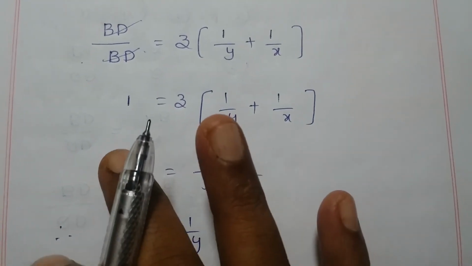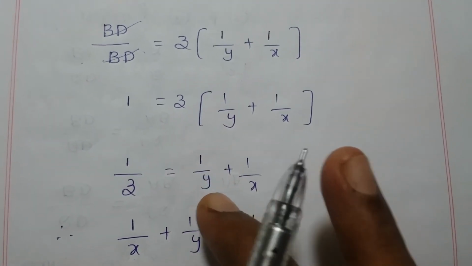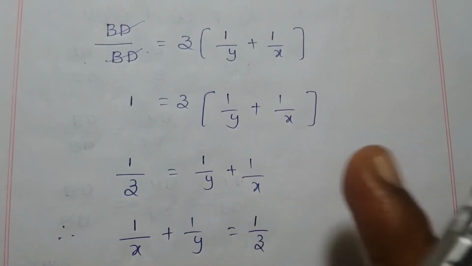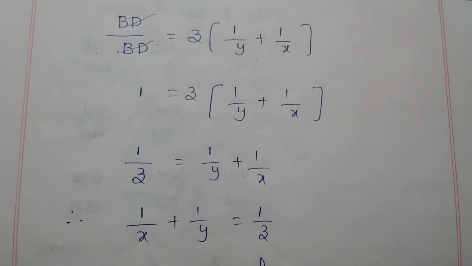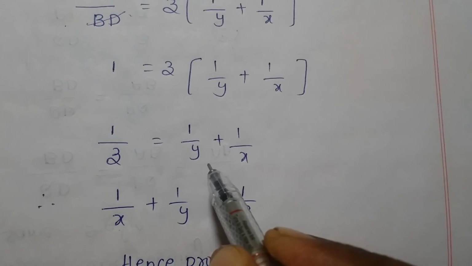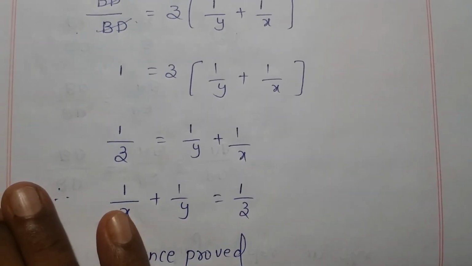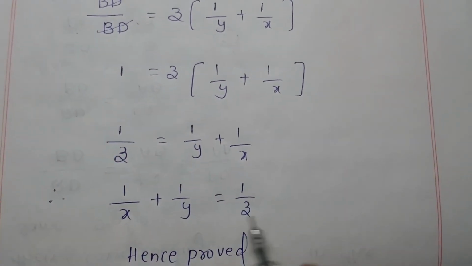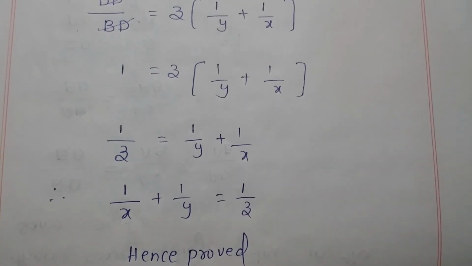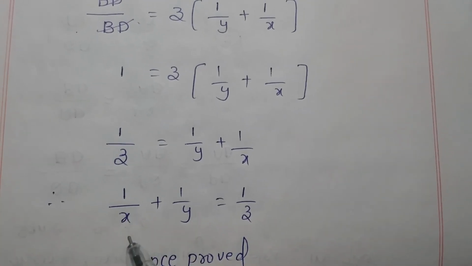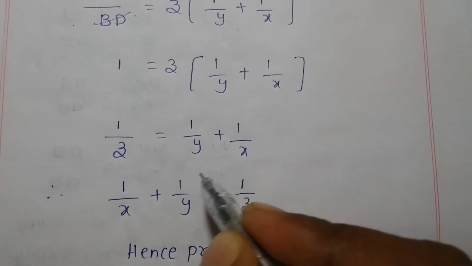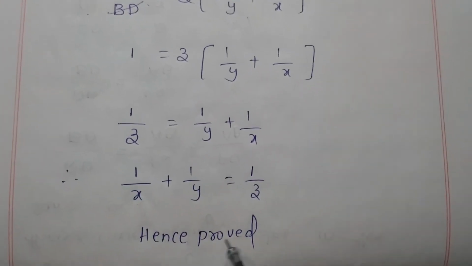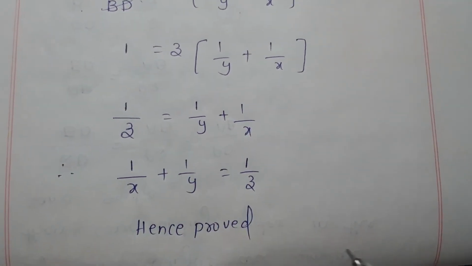So finally 1 by Z equal to 1 by Y plus 1 by X. So rewriting, I am writing the right side part as left side and left as right. Finally I will get 1 by X plus 1 by Y equal to 1 by Z. This is only what is required, hence proved.